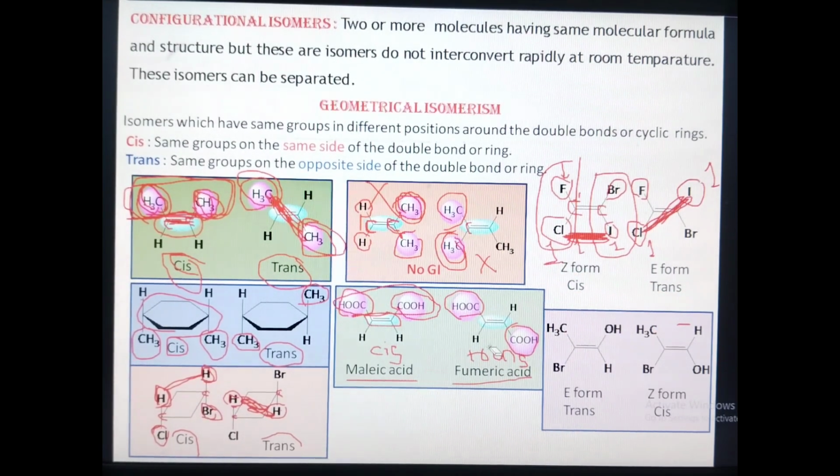Next is, here also, let's consider this carbon atom. Bromine and a methyl group are attached to this carbon atom.